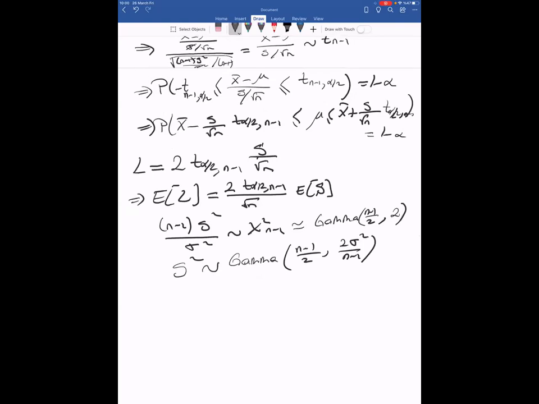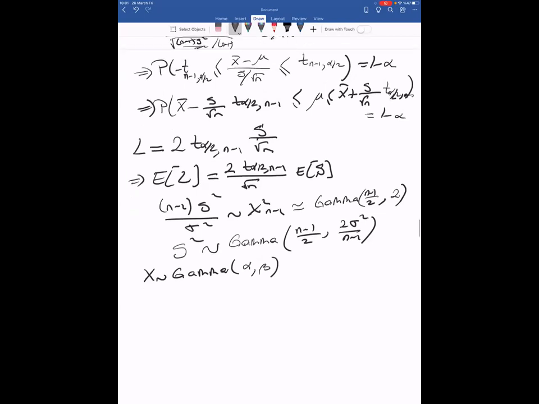For the case that we have a gamma distribution with parameters alpha and beta, the expectation of X to the k equals gamma of alpha plus k over gamma of alpha, times beta to the k. Here our k equals 1 over 2.